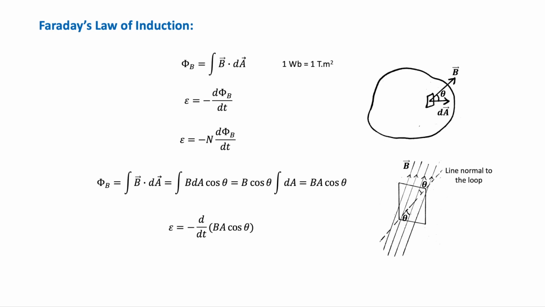So this shows that an electromotive force can be induced in a circuit by changing the magnetic flux, either through changing the magnitude of B with time, or changing the area A of the circuit with time, or changing the angle theta between B and the normal to the loop with time, or by a combination of these conditions.